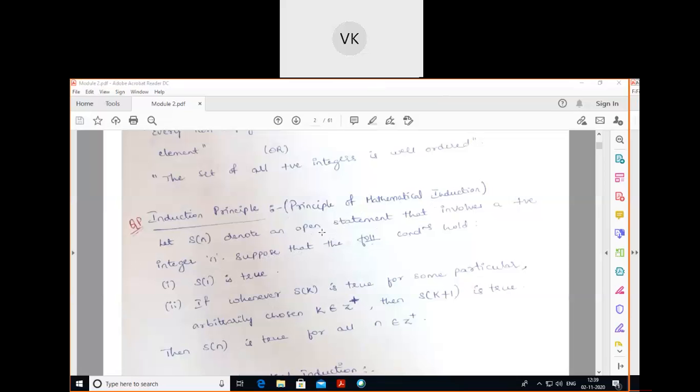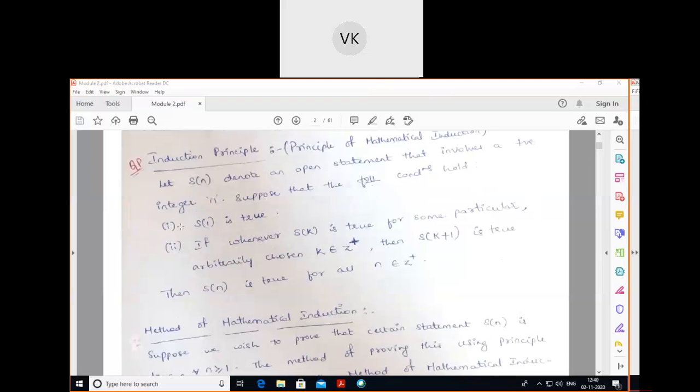That S of n has to satisfy the following conditions. The first condition is that the given statement should be true for n equal to 1, that is S of 1.